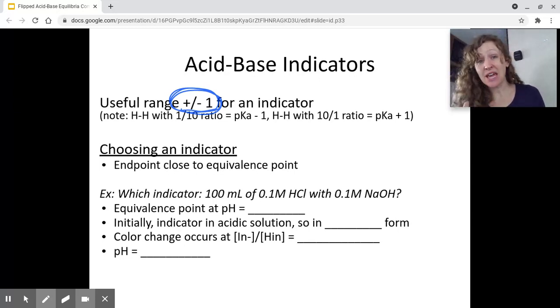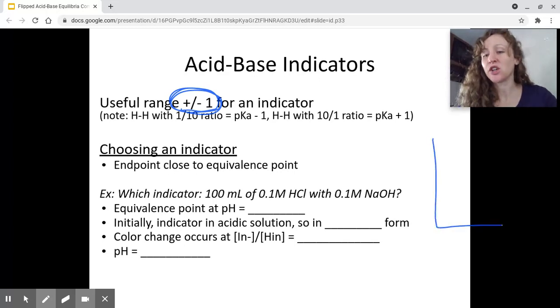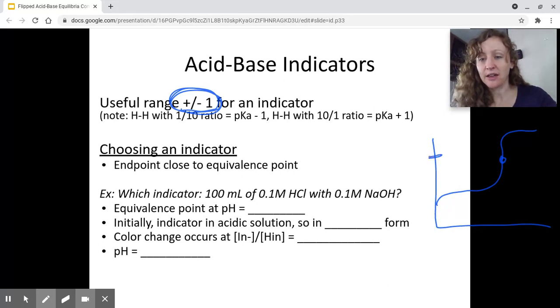Now that's okay, because if you look at a titration graph, the equivalence point usually happens at a specific pH, and that pH changes quite dramatically with a very small input of volume, right?